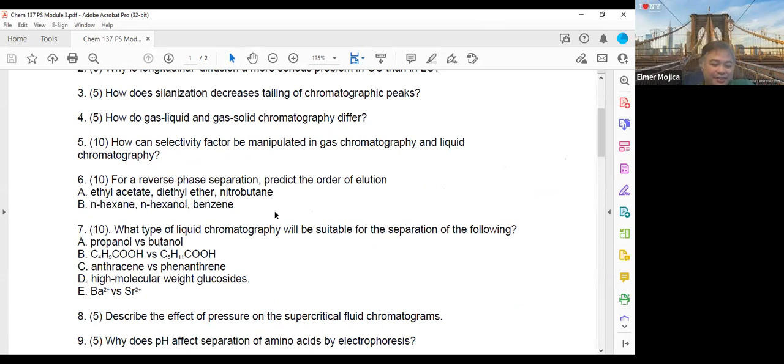Predict the order of elution. So maybe wala tayong quiz na ganyan, but maybe in the finals we will have some quiz like that one. So alin yung mauuna at alin yung mahuhuli? So what you have here is a reverse phase. So sa reverse phase, ano yung stationary phase? Polar or non-polar?